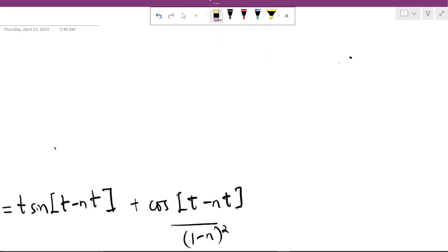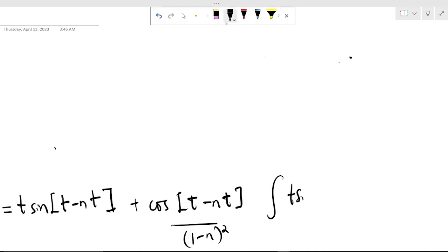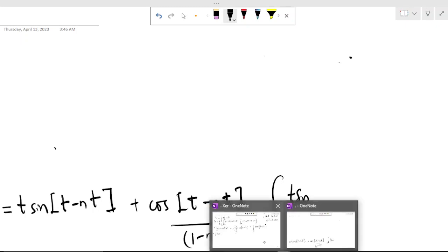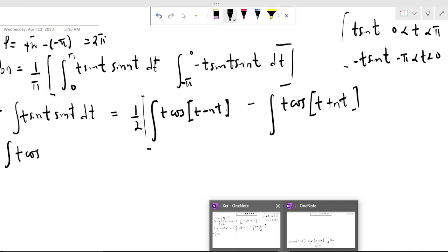So if what we have here is the integral of t cos(t minus nt), let me go back to the other board and check what we just saw again.